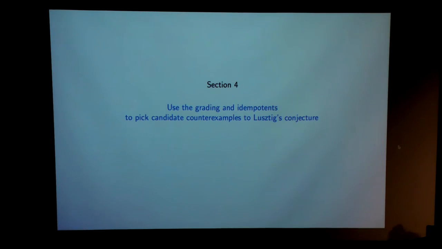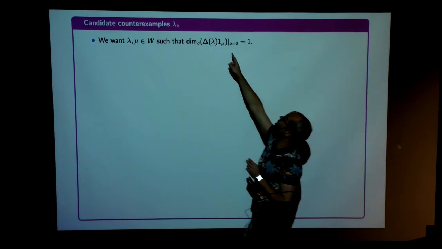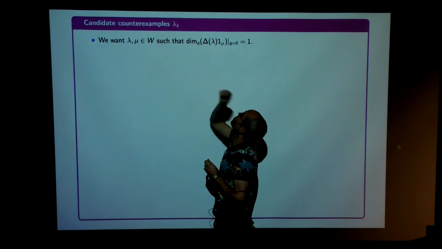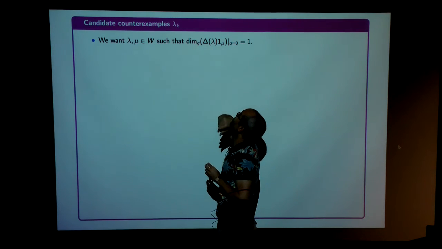Okay, so now I'm going to use the grading trick and the idempotent trick to tell you the lambda and the mu, which will give you counterexamples to Lusztig's conjecture. So we want to look at a weight space, I've swapped between left and right by accident through this talk, so one side makes sense of this.